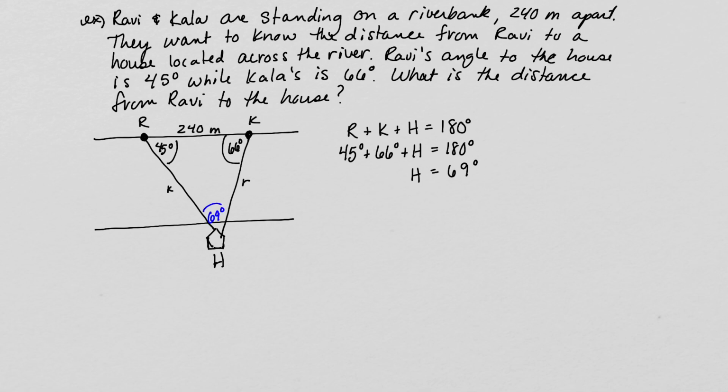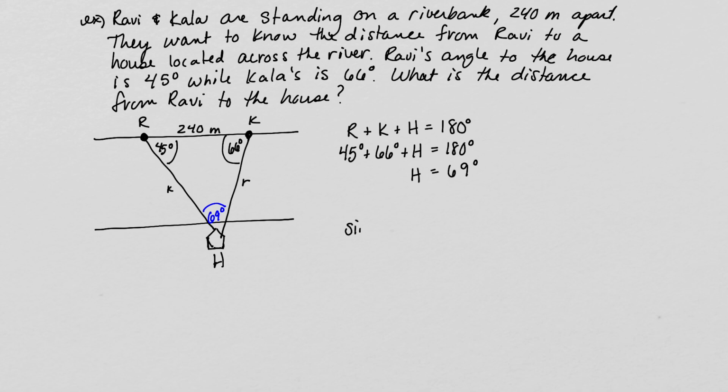So this angle in here is 69 degrees. Now I know one pair, the 240 and the 69, and I can use that with the law of sines to find k, which is what we're looking for.